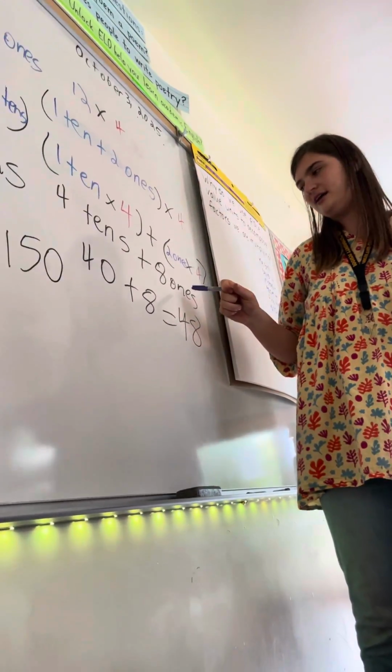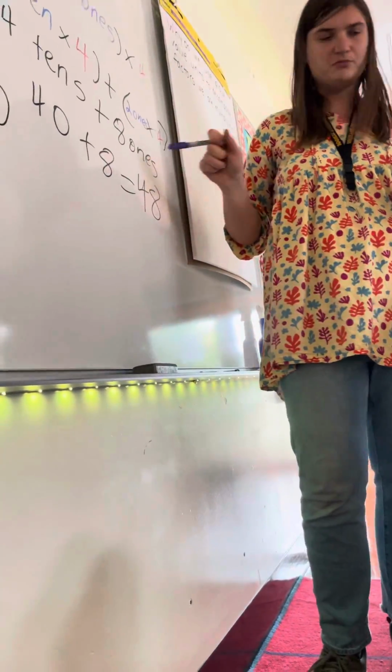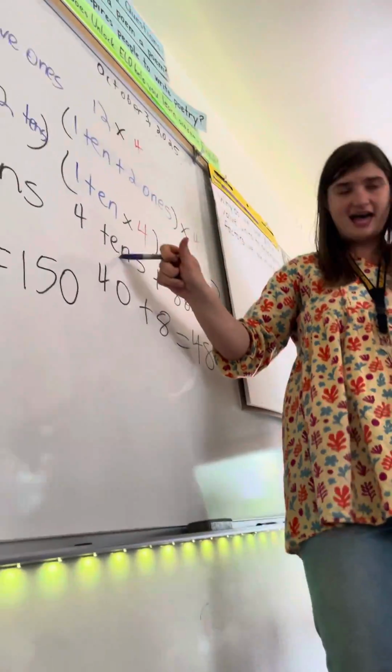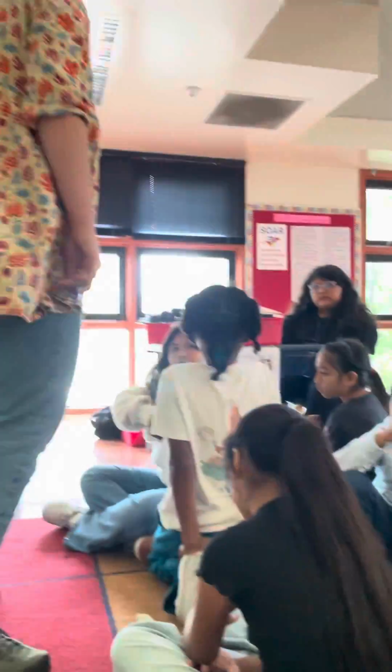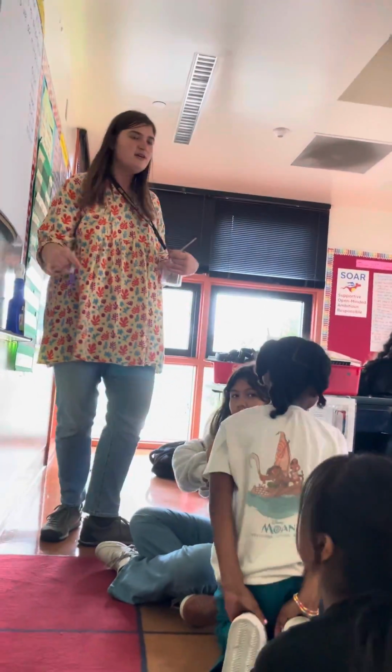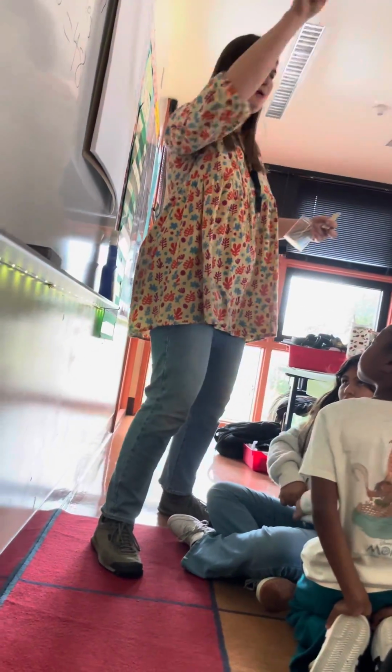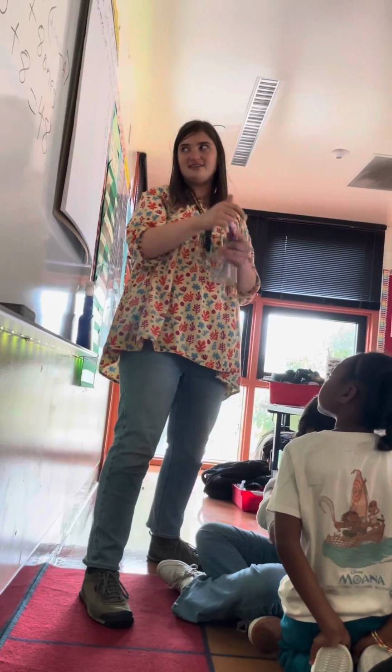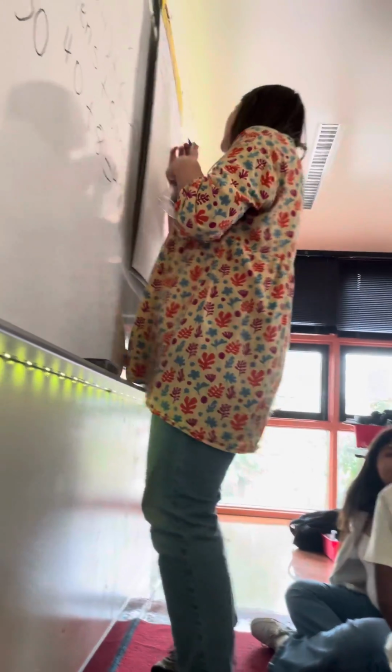What are the two place values that we're counting by as we're solving these multiplication problems? We're counting by tens is the place value, right? And then what's the other place value that we're counting by? Ones. And so using place value helps us count by tens and ones separately.